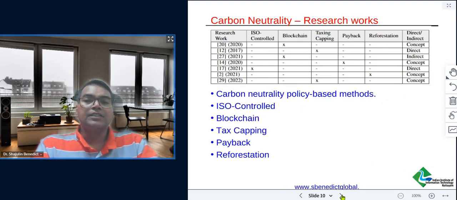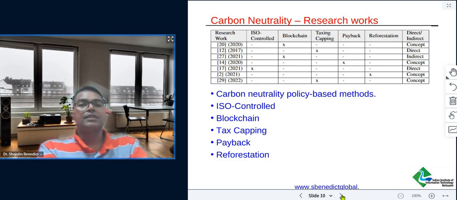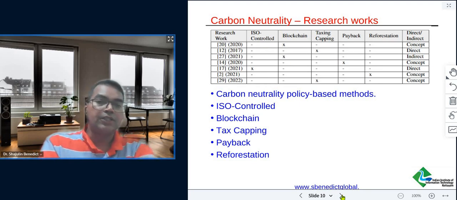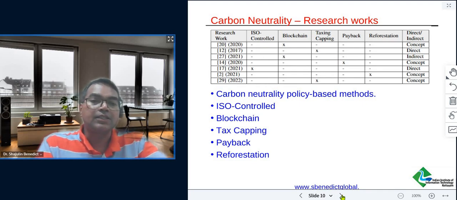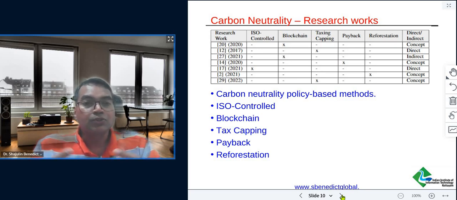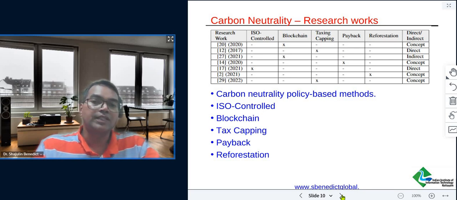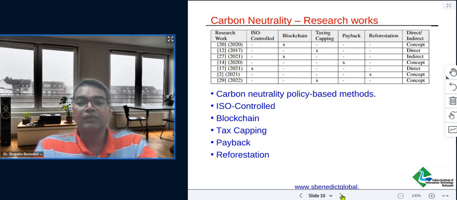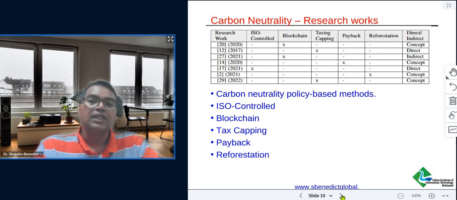While we specifically targeted the architectures, IoT-enabled systems that target carbon emissions, it could be understood from the literatures that some control measures and policies were followed in the past. Most importantly, ISO controlled policies. ISO standard has provided some policies to prevent carbon emissions.